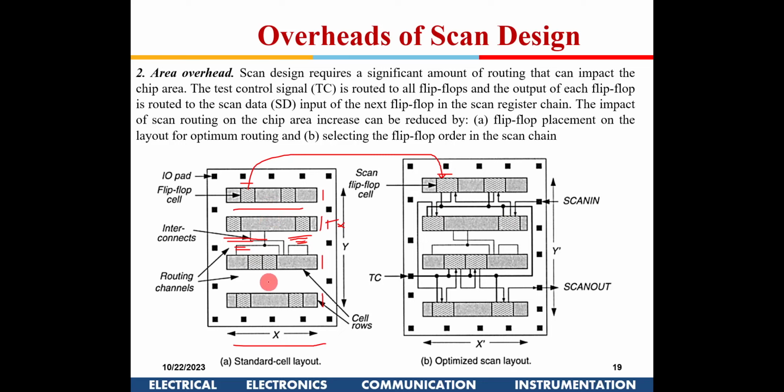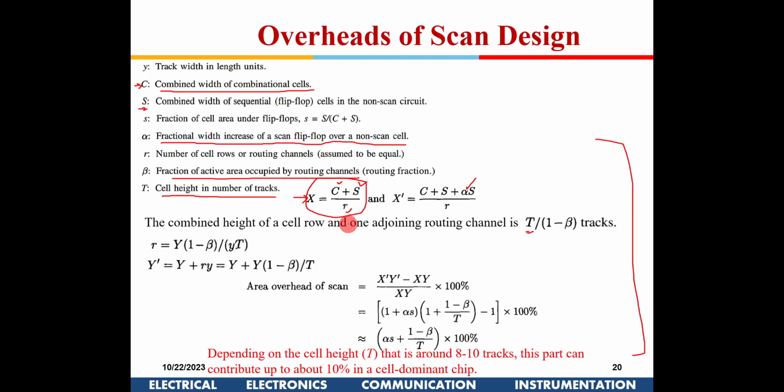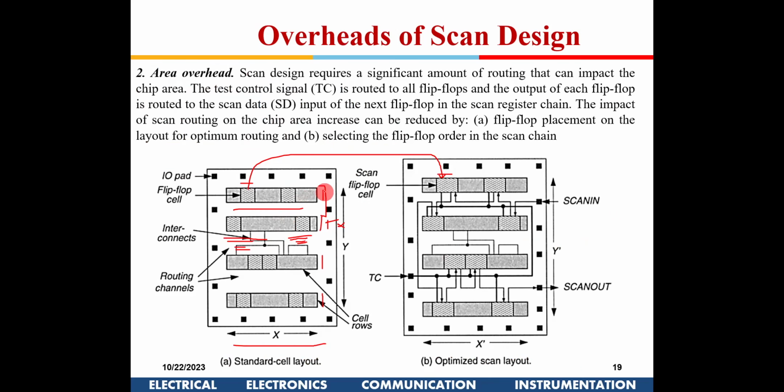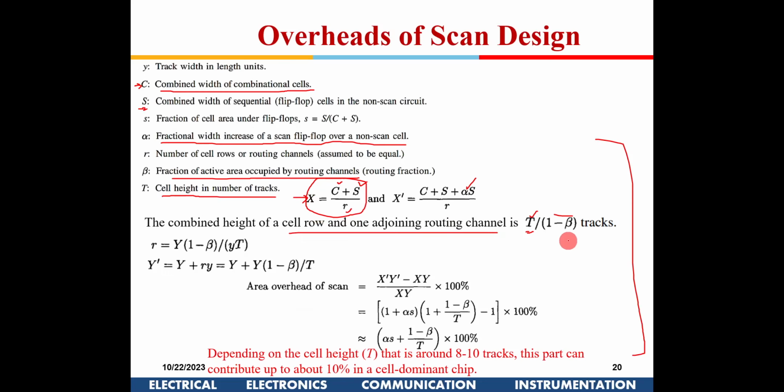So if I have to find the combined height of a cell row and the adjoining routing channel, it will be T divided by 1 minus beta, since beta is defined as the fraction of the active area occupied by the routing channel. So T divided by 1 minus beta corresponds to one cell row plus the adjoining routing channel, and those many tracks.